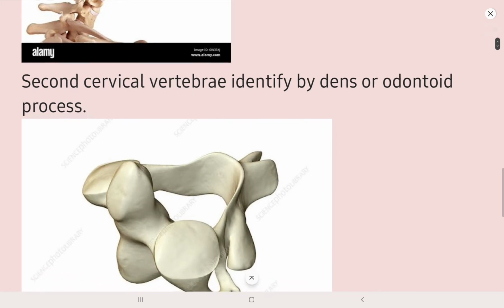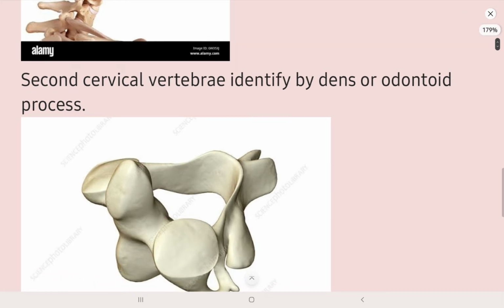The second cervical vertebra is identified by the dens or odontoid process. I have already told you about that. The dens is an exclusive character of the axis. This is the odontoid process or dens. You can call it either dens or odontoid process.